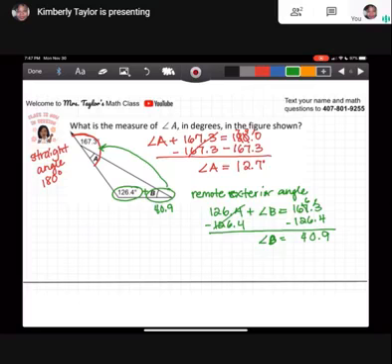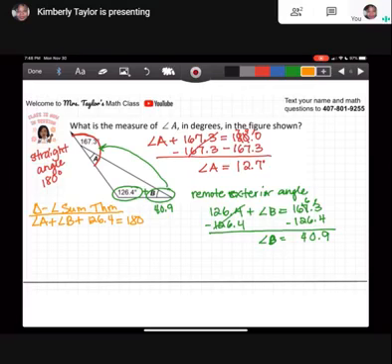So what you know is that all three angles together, angle A plus angle B plus the 126.4, is equal to 180 degrees. That's the triangle angle sum theorem, which I know they don't really teach that actual theorem in 8th grade, but that's just something I'm going to add on.